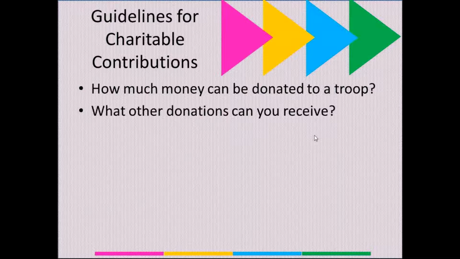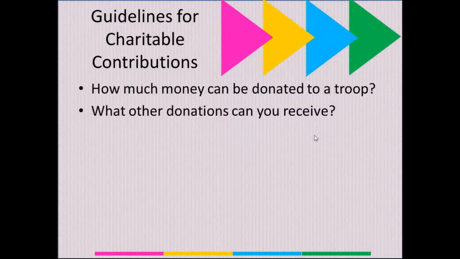All donations over $250 have to be processed through the council. So please contact a council representative, whether that's your membership person or the fund development team, if your troop is receiving a donation over $250.